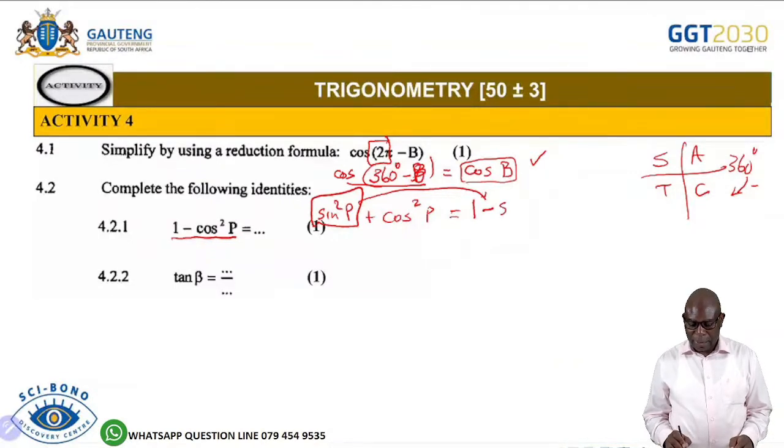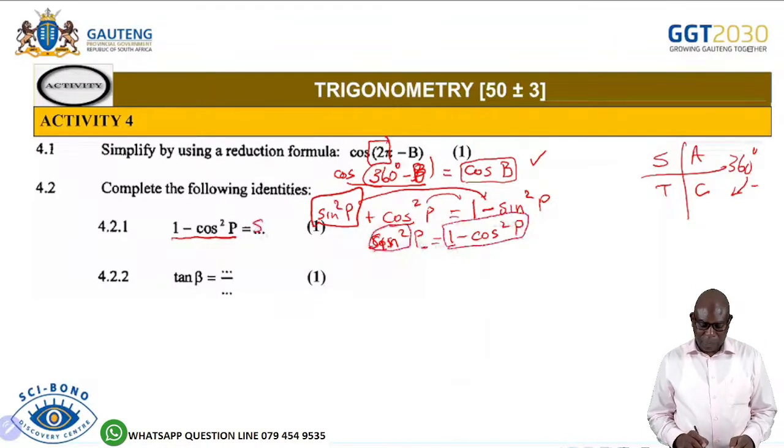And this is in the formula sheet, right? If I take this one to that side, I'll have sine squared of P equals 1 minus cos squared of P. Can you see how they trick you? So which means 1 minus cos squared is the same as sine squared of an angle.